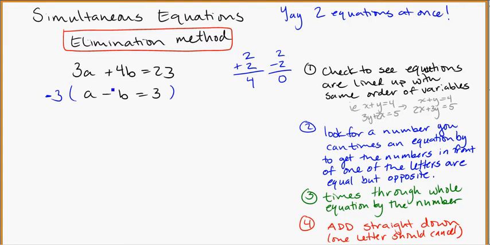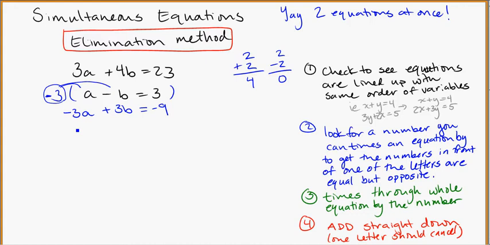I'll factor it through. I'm going to get negative 3a, and negative 3 times a negative b is going to give me a positive 3b. Negative times a negative is positive. And a negative 3 times a 3 is going to give me a negative 9. So this is my new equation that I'm going to work with.